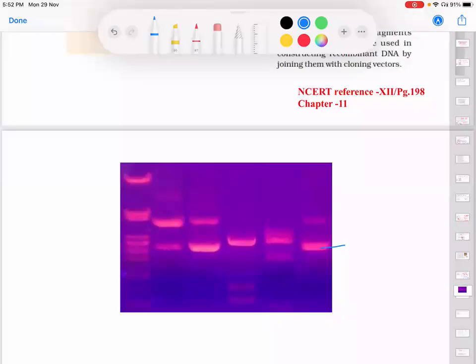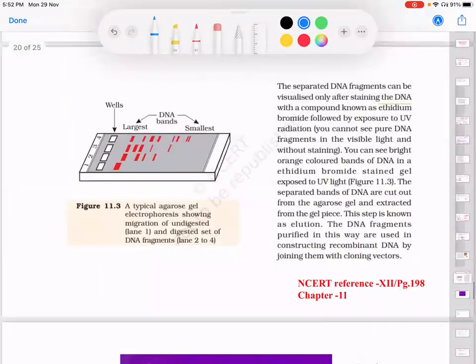This is the entire gel that I have shown. Here also there is ethidium bromide, but here is the ethidium bromide DNA complex. So this is going to increase the fluorescence of ethidium bromide. So you give an ultraviolet ray, and in return you get a band in the orange region.